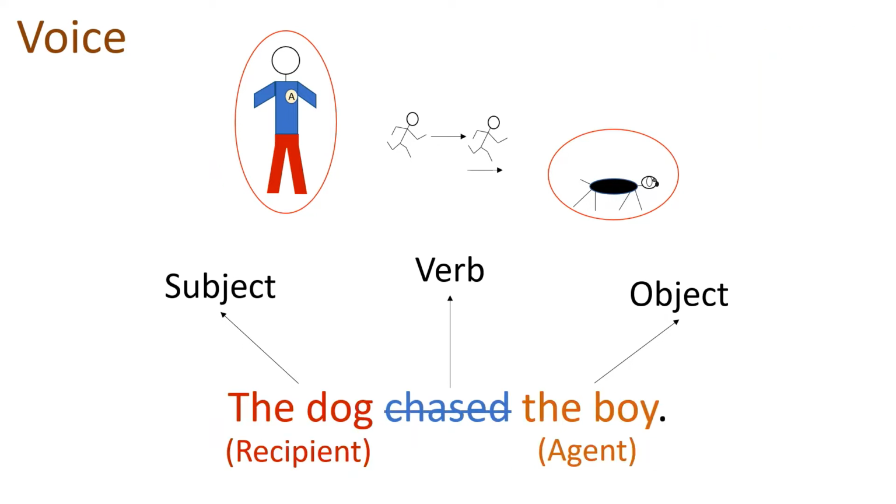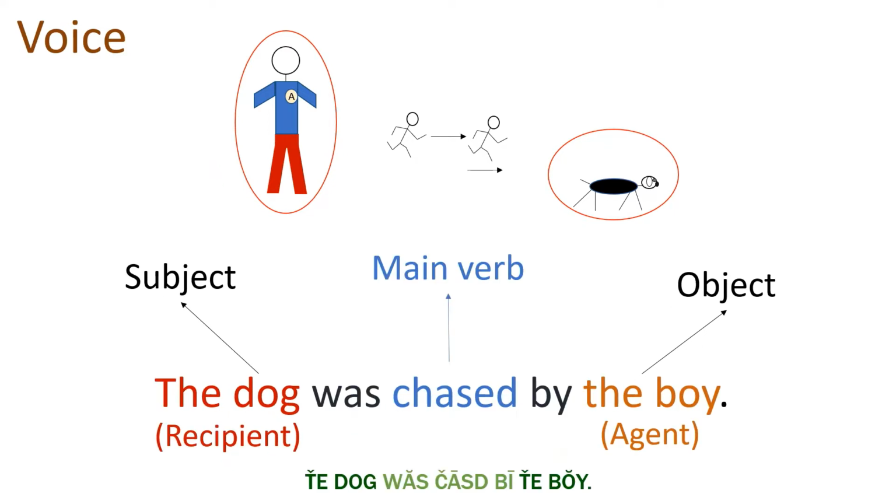English provides us a way to flip this arrangement, so that the recipient, the thing being chased, is the subject of the verb and goes before the verb, and the agent, which is doing the chasing, is the object of the verb. In order to do this, we need to do three things. First, we need to put the main verb in the past participle form.